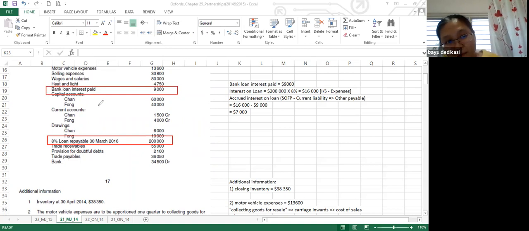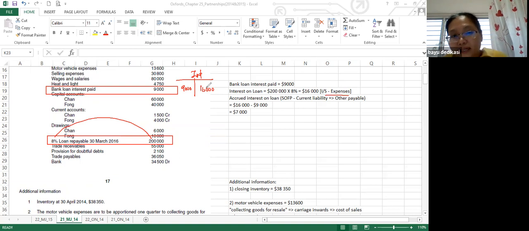This is the amount paid. You are debiting the interest on loan, 9,000 in here. But for 1 year, how much are we supposed to pay? 8% times 200,000, which is 16,000. So 16,000 is the income statement amount, which we should recognize as expenses.